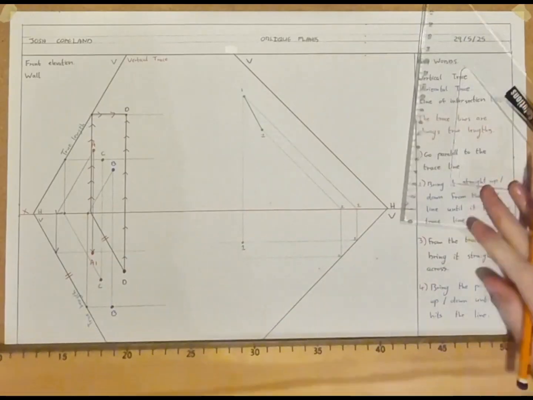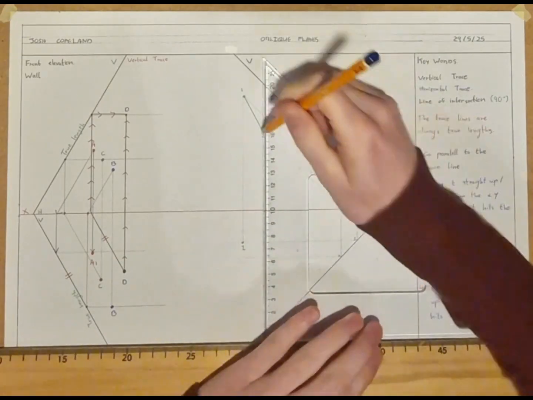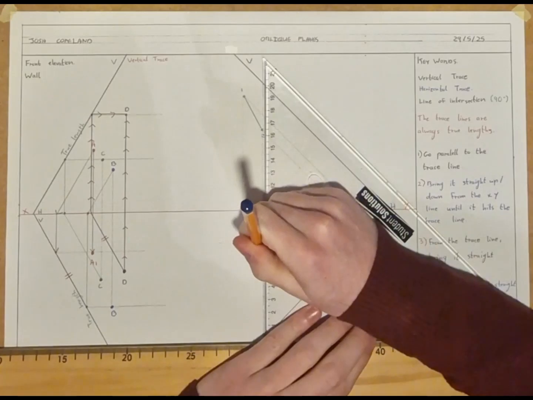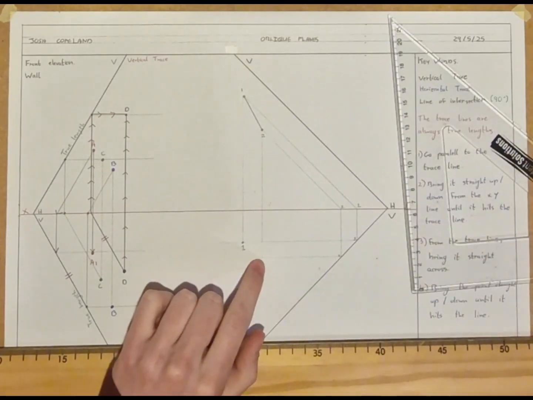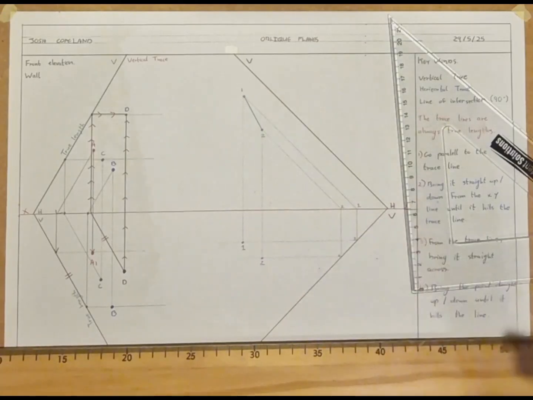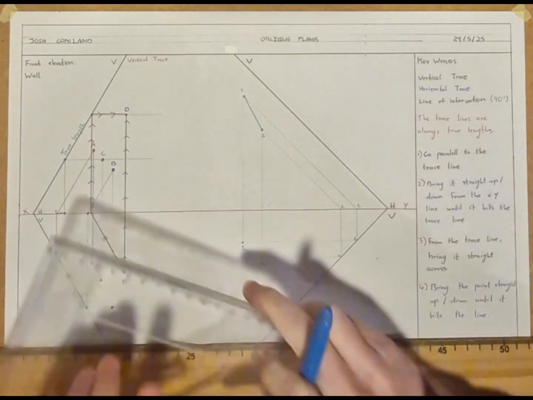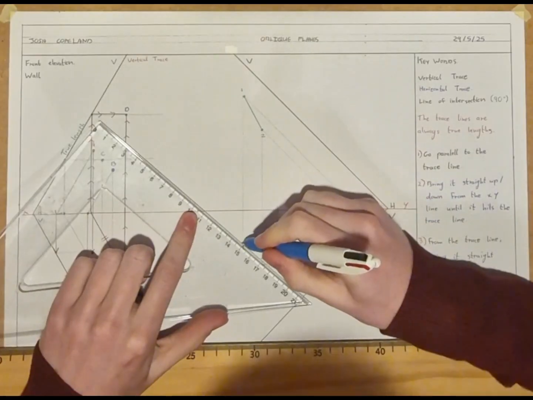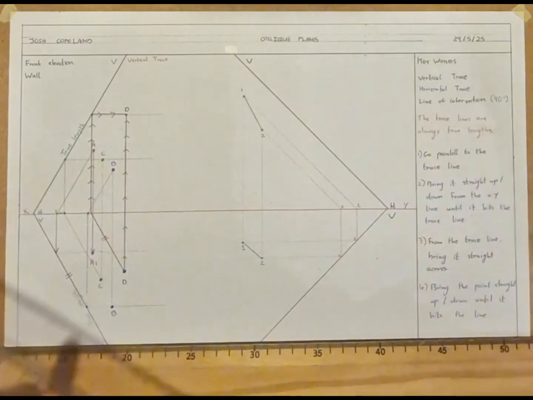We don't know where it lands, but we can bring it straight down until it hits the line, and I now know that that for a fact is point number 2, and I know now that I have found the line, just like so.